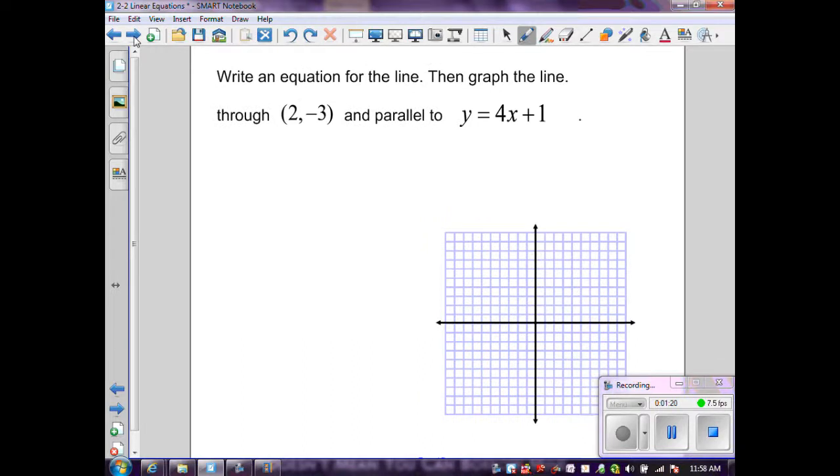Our next example, we want to write an equation that passes through 2, negative 3, and is parallel to my given line. Therefore, I want to use the slope of 4 because I want them to be parallel. I'll substitute this point, being x1 and y1, into my point slope formula, y minus y1 equals m times x minus x1.